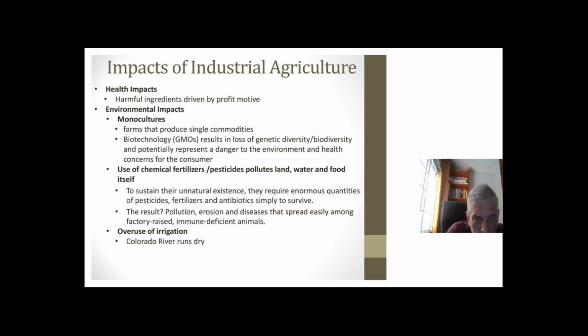Environmental impacts, monoculture. We tend to grow one type of crop. Biotechnology results in a loss of genetic diversity and potentially presents a danger to the environment and health concerns for the consumer. So long term, genetic modification leads to a loss of genetic diversity. That's long term.